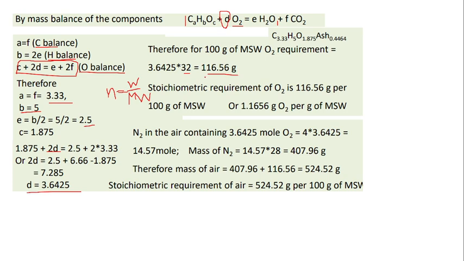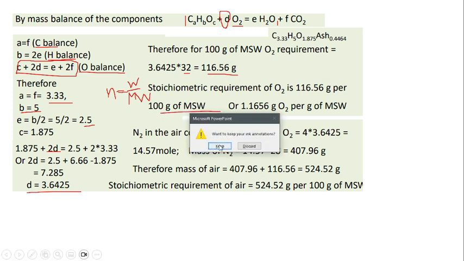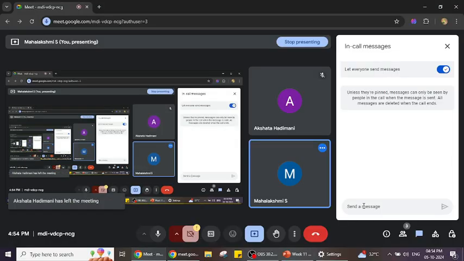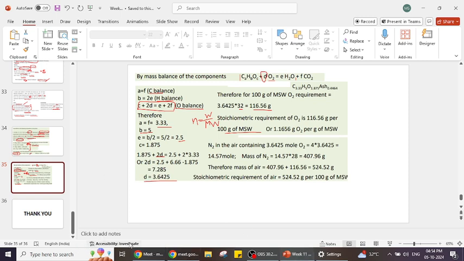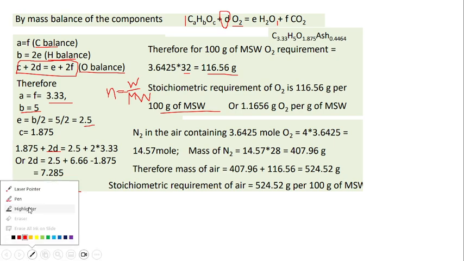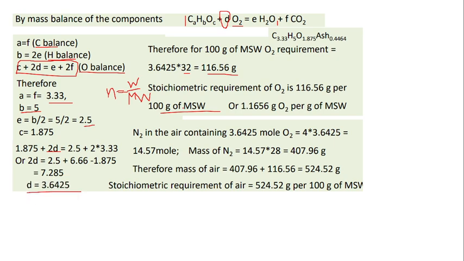So this much oxygen is required. So for 100 grams of municipal solid waste conversion, we require 116.56 grams of pure oxygen.